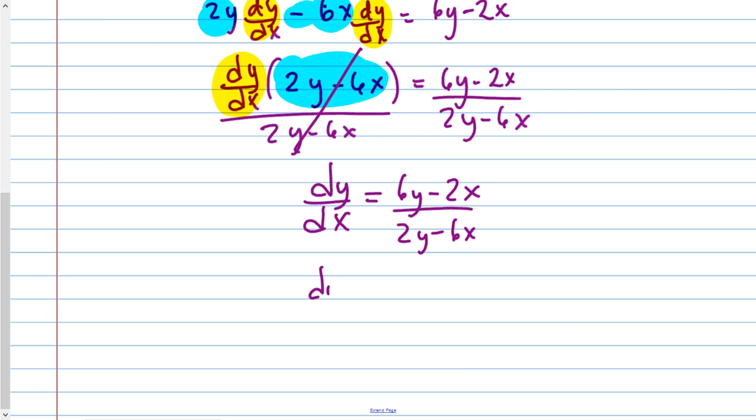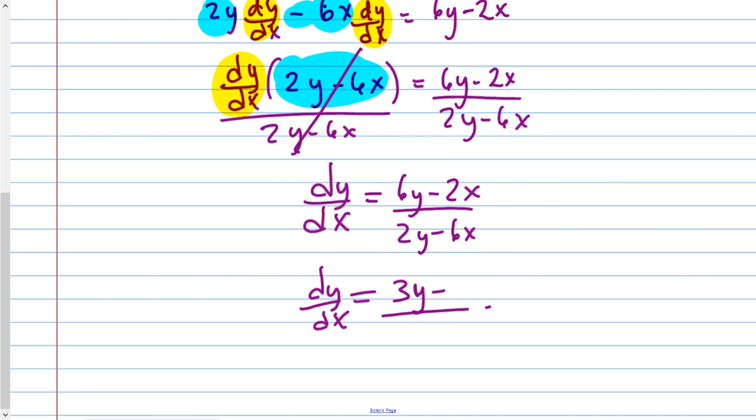Now the only thing I see happening here is that these are all multiples of 2, so I could just divide the 2 out of everything. 6 divided by 2 is 3. 2 divided by 2 is just 1. I can't write correctly. Sorry, 2 divided by 2 is 1, but that does leave x behind, so it's 1x.